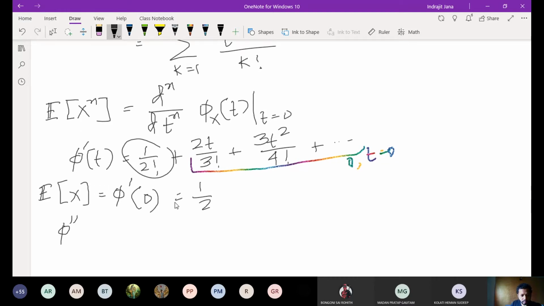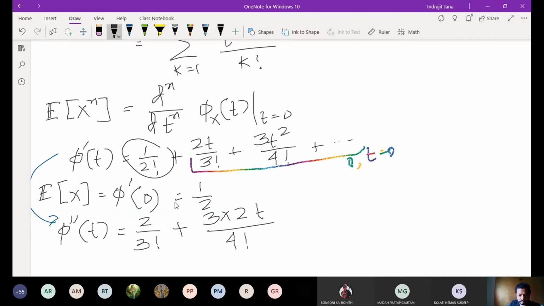So phi double prime of t, if you differentiate it twice, this 1 over 2 factorial will be 0, and this will be 2 over 3 factorial, plus 3 times 2 times t over 4 factorial, plus the next term, which I did not write, but it should look like 4 times 3 times t square over 5 factorial, and so on.